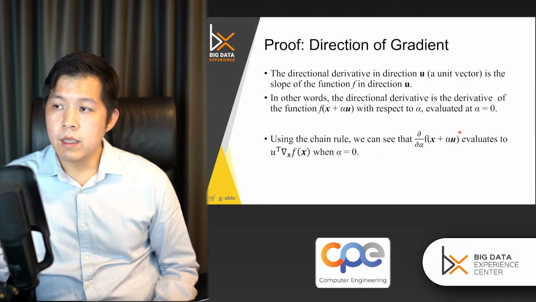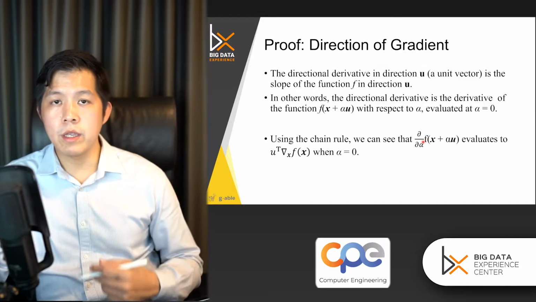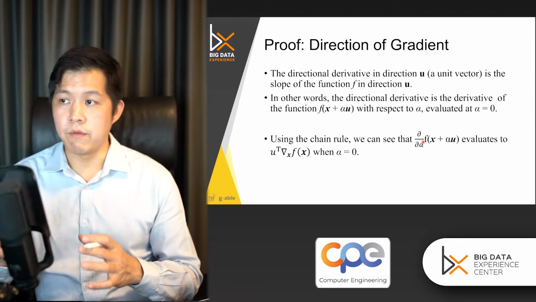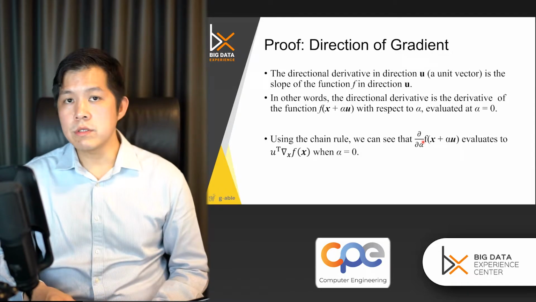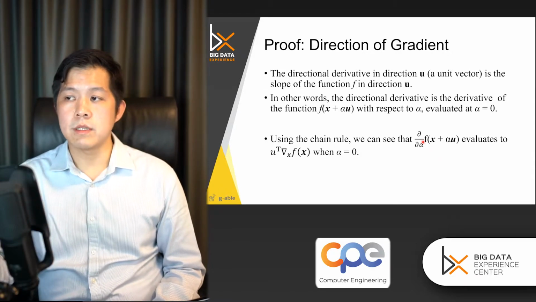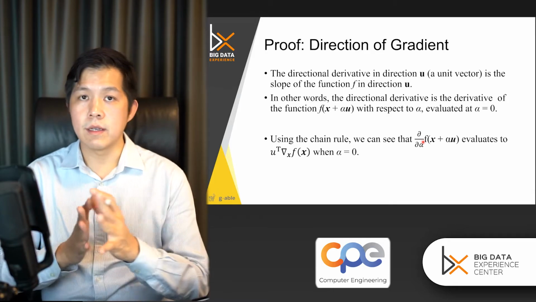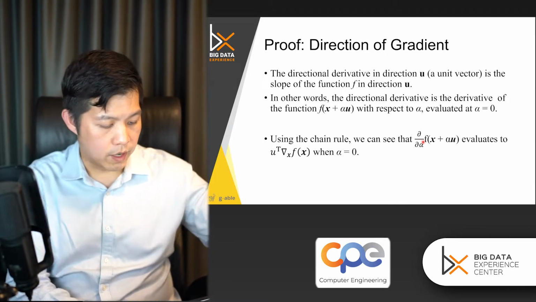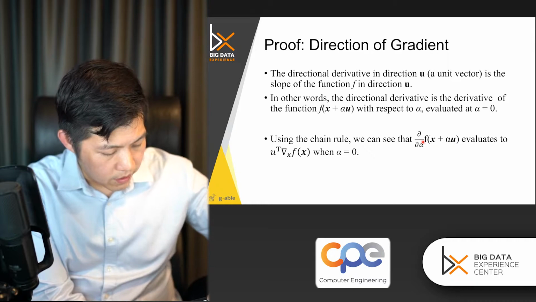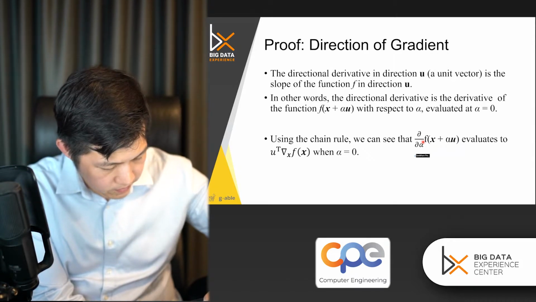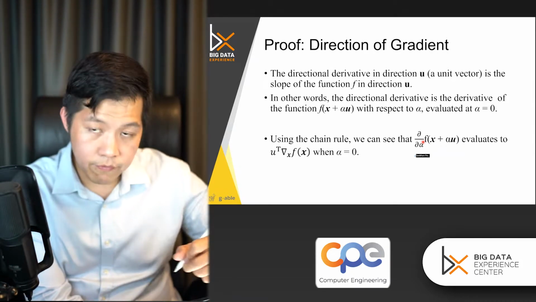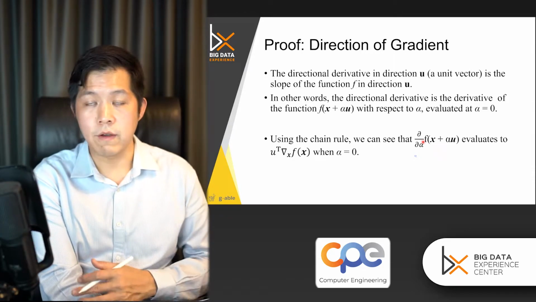After evaluation, this would be the gradient, because when we differentiate the function, the result of the derivative would be the basic derivative for this one. This is f(x + alpha u), right?